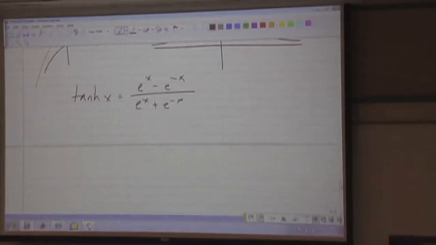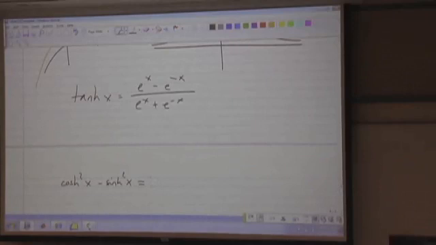Can you tell me what cosh squared of x minus sinh squared of x might be? It ends up being equal to 1. Do you want to see why? Well, it's actually just algebra.